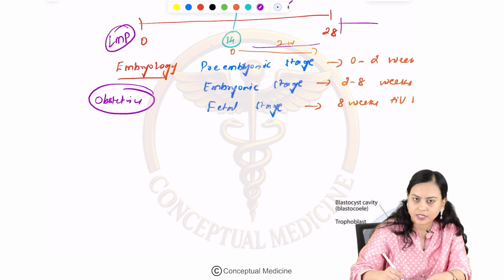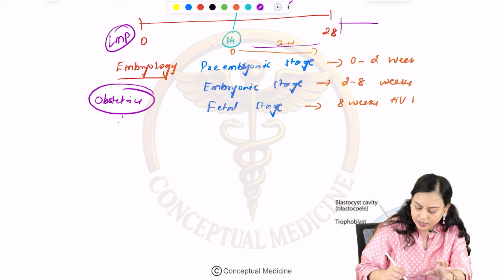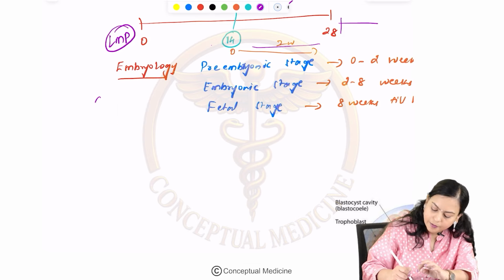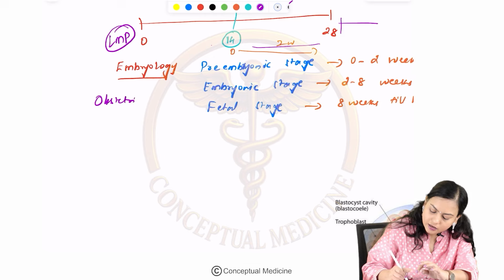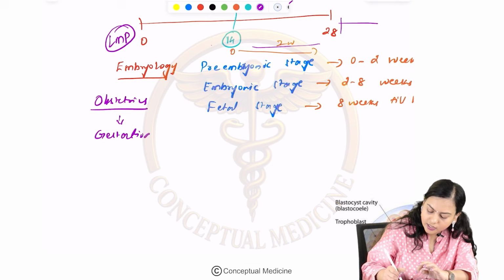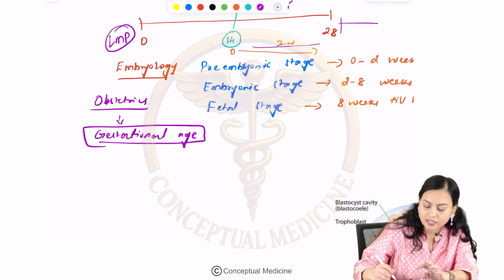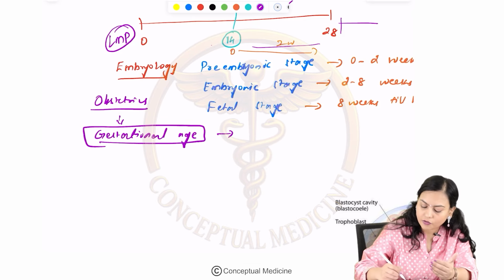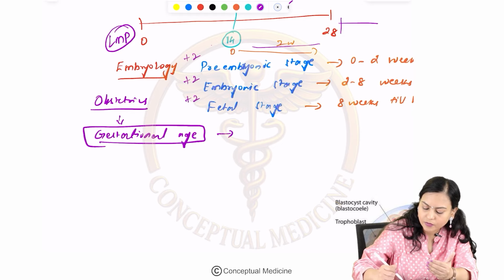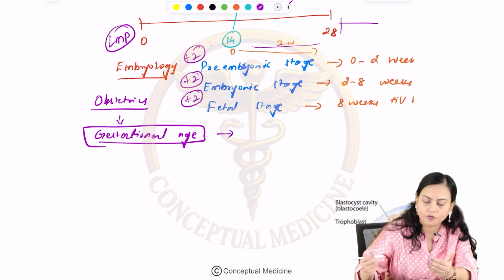So, in obstetrics we consider something called the gestational age. To find this gestational age, to the definitions of embryology, we will be adding 2 weeks prior. Okay, we will be considering plus 2 weeks.